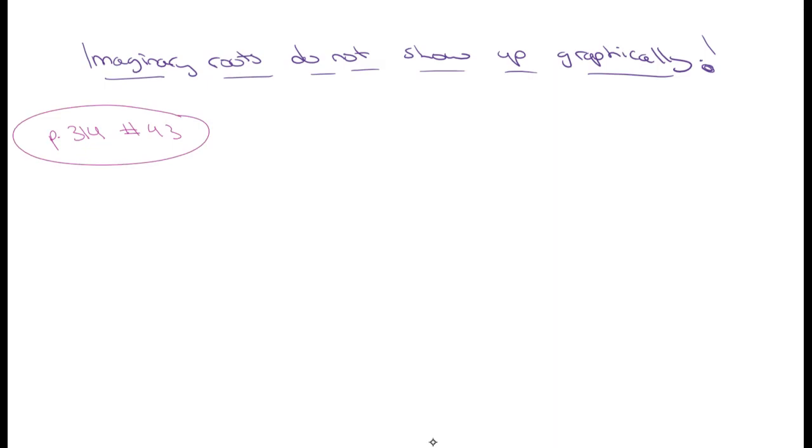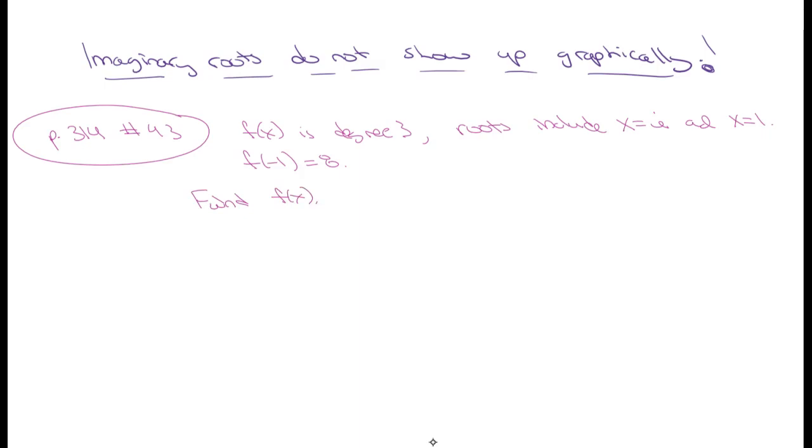Question 43 says that f of x is degree 3, and the roots include x equals i and x equals 1. You're also told that f of negative 1 needs to equal 8. And here are the instructions: find f of x.